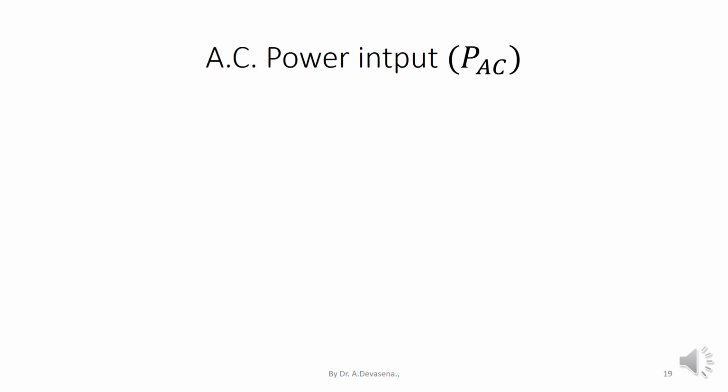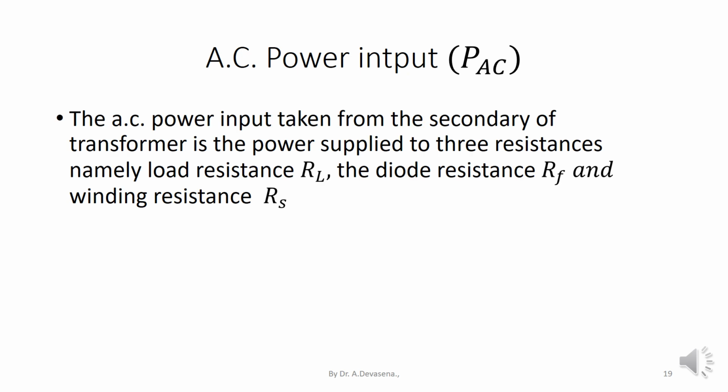Let us obtain AC power input PAC. The AC power input taken from the secondary of the transformer is the power supplied to three resistances, namely load resistance RL, the diode resistance RF and winding resistance RS.